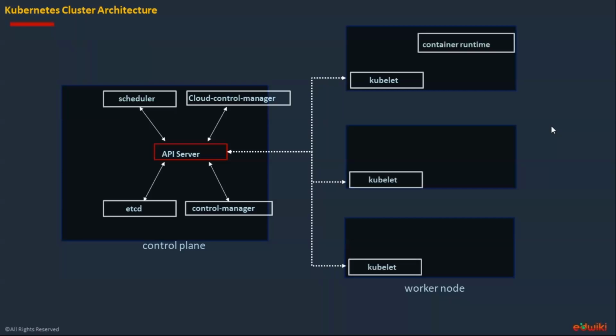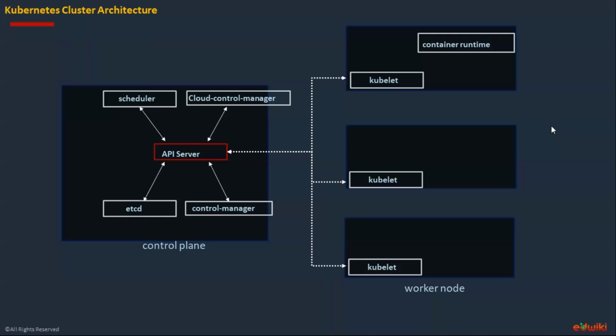Then the kubelet is the responsible guy to go and talk to the container runtime. What is container runtime? Container runtime is your container engine, like containerd. Okay, we spent some time understanding the container engine terminology, right?